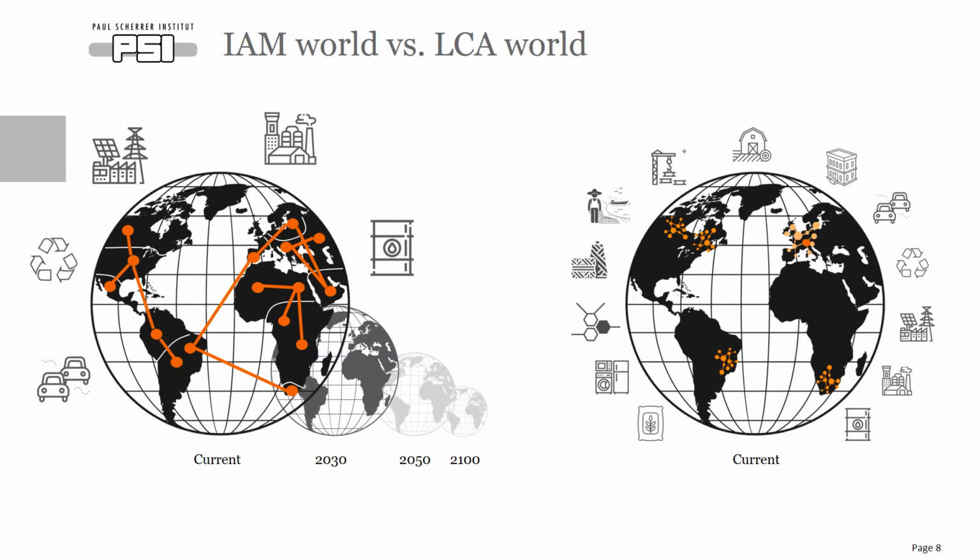And for each region, the model would give you production output volumes for a different number of activities. And of course, there will be different levels of detail for these sectors depending on the specialty of the integrated assessment model in question. But you would usually have the power sector represented.